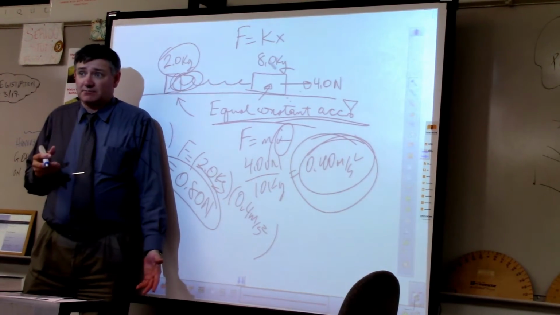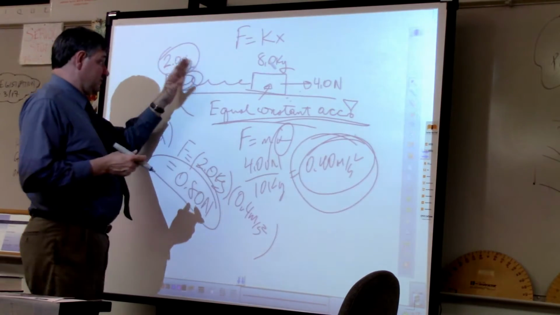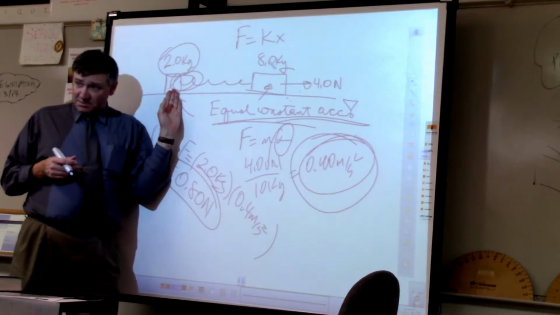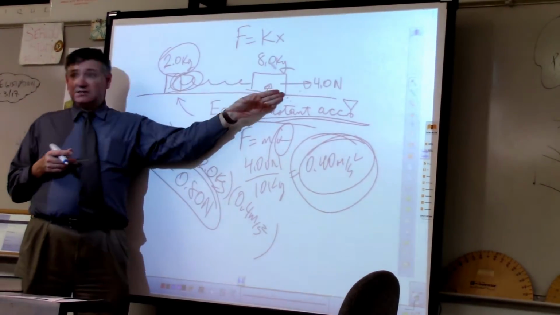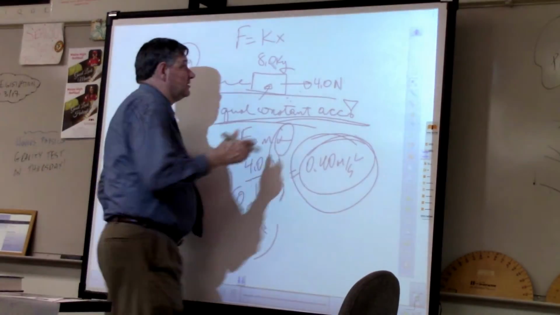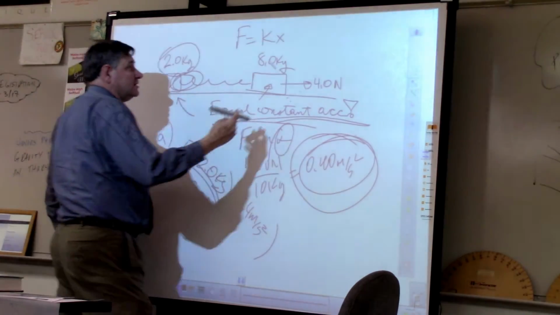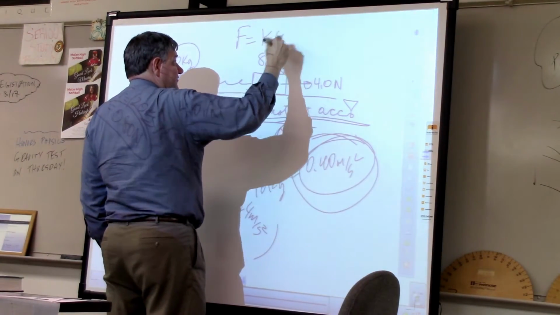Yeah, there wouldn't be any. Because if it was a frictionless surface and they were already moving, the spring wouldn't have to exert a force back here. Because it would just move of its own accord. And there wouldn't be an issue. So you know your force at this point is 0.8 newtons, and you're trying to find the extension.